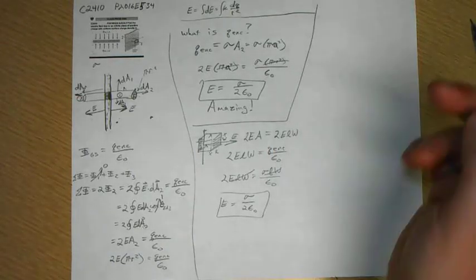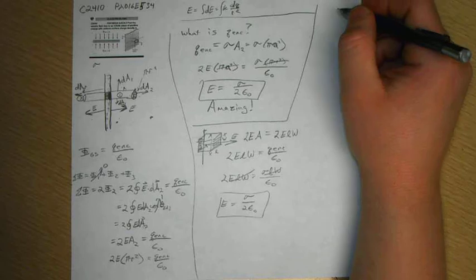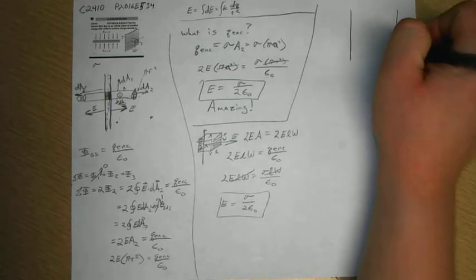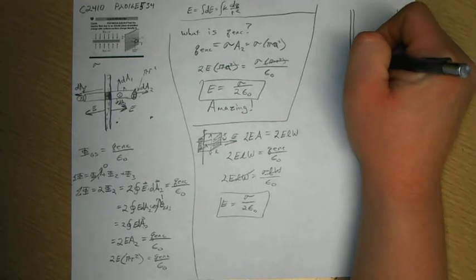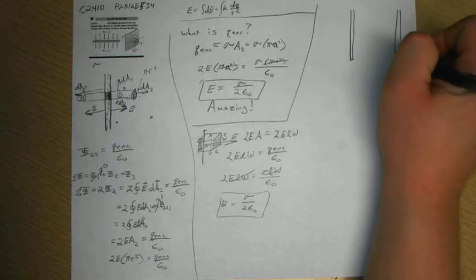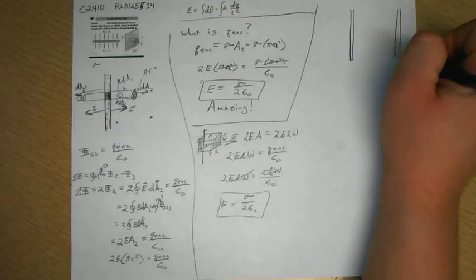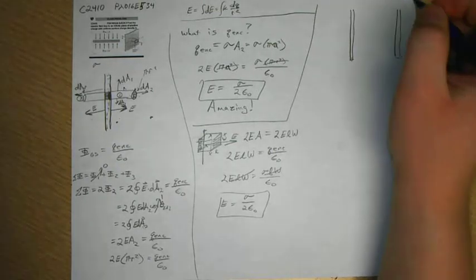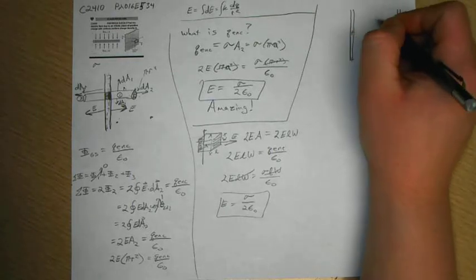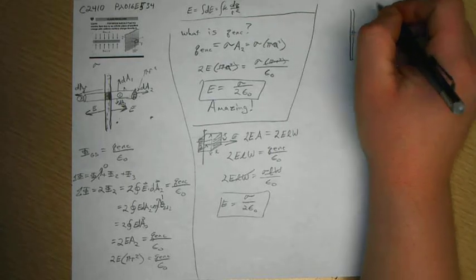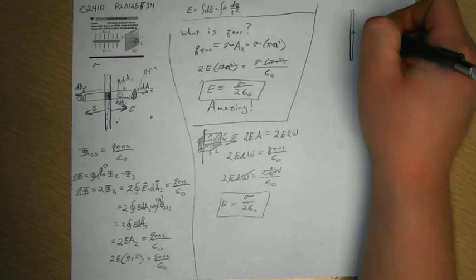So what are some applications of this? Well, if you had a capacitor, and we consider the capacitor to be infinitely charged, we know the electric field set up by this plate is sigma over 2 epsilon naught.